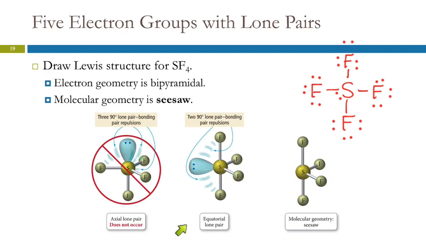That's the electron geometry, trigonal bipyramid. The molecular geometry, we make that lone pair invisible, and we end up with this. That's called a seesaw structure. So here I have a ball and stick model of the trigonal bipyramid.